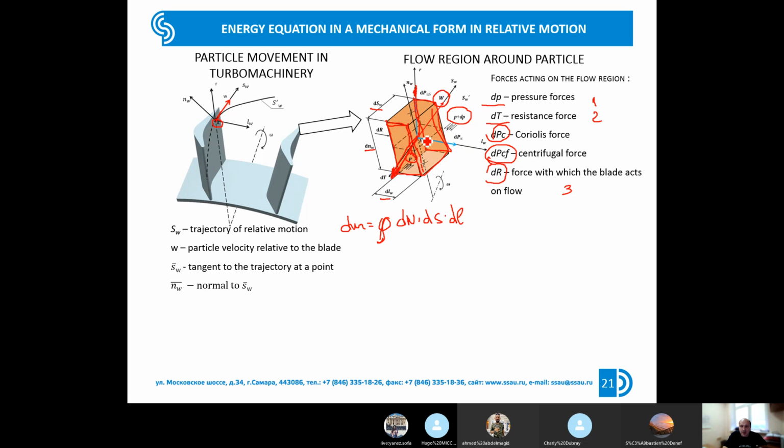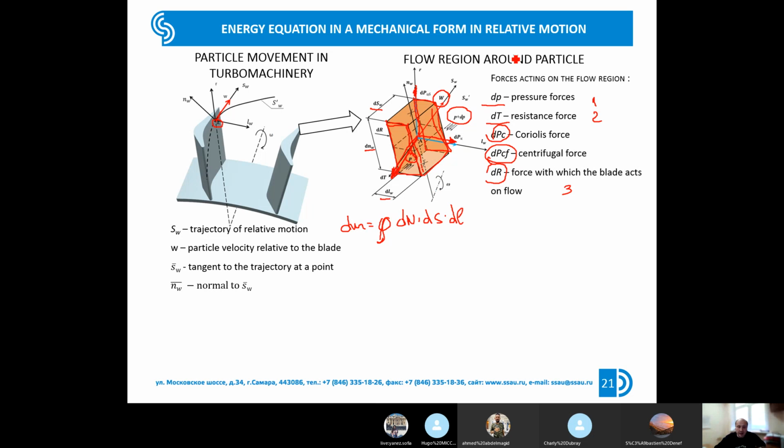That's why the direction of the Coriolis force will be like here. It's normal to the direction of the rotational axis, and normal to the direction of the relative velocity. So let's write these five forces. These are all the forces which impact our brick.